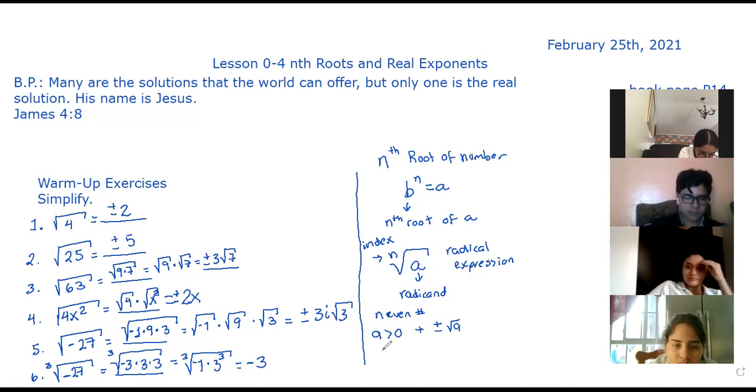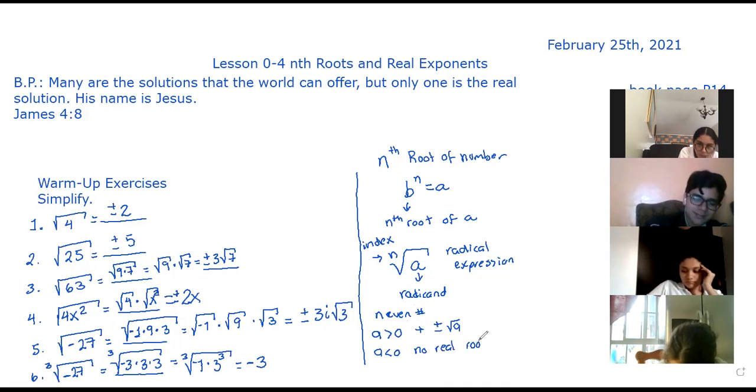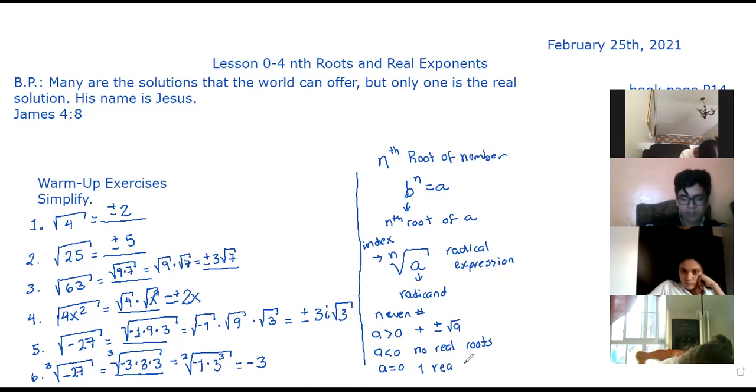If the value of a is less than 0, that means that you have no real roots. That means that if you have the quartic root of -4, that won't happen. And if the value of a is equal to 0, you only have one real root, and that will be 0.